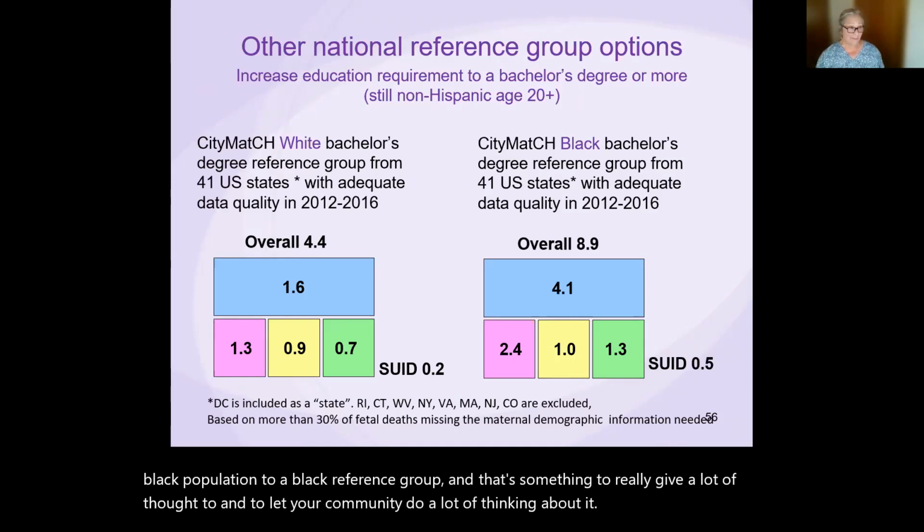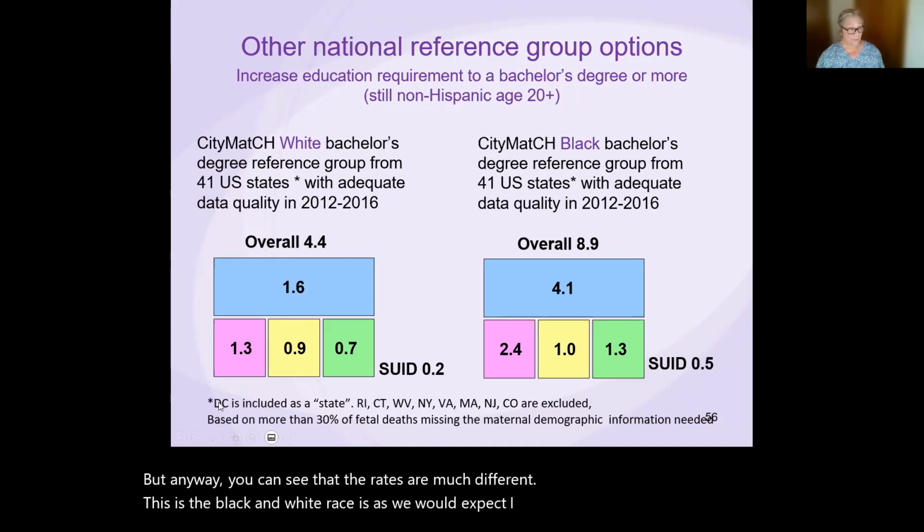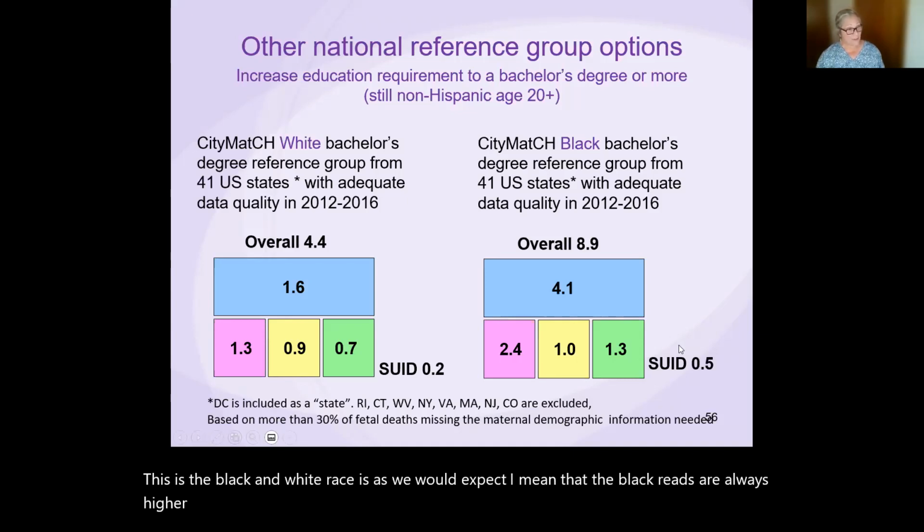But anyway, you can see that the rates are much different. This is the Black and white rates, as we would expect. The Black rates are always higher everywhere, and here the Black reference group rates are also higher. But many states have rates that exceed this 8.9 overall.